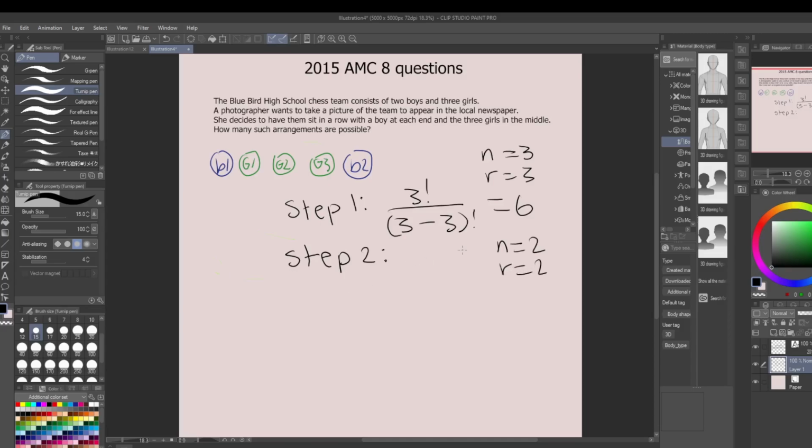So our formula would be 2 factorial over (2 minus 2) factorial, which is 2. Now that we have the answer for the boys, to combine these, it's going to be step 1 times step 2. So for step 3, it will be 2 times 6, which is 12.